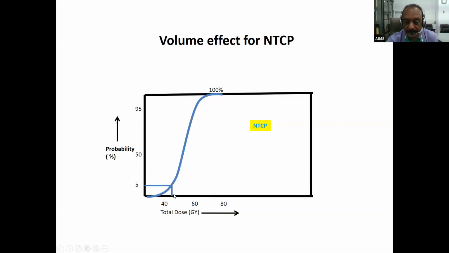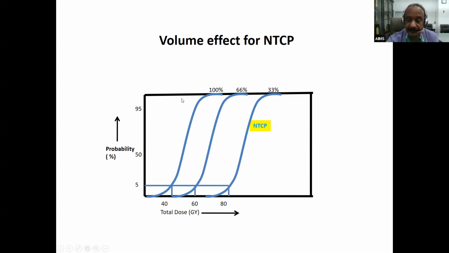If you irradiate 2/3 volume of that organ, then the safe dose is now around 60 gray. If you irradiate 1/3 volume of that organ, the safe dose is now around 80 gray. So the same thing: as the volume decreases, the safe dose which you can deliver keeps on increasing.